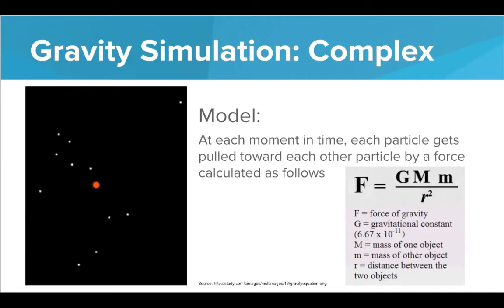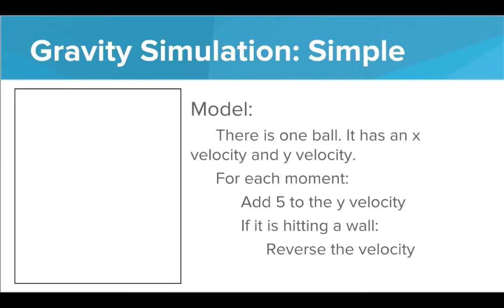But maybe you don't, because a much simpler model for gravity could be just a single ball that is going to get pulled towards the ground. So this is a very simple model of gravity. Instead of all these particles, there's just one, and it has an x velocity and a y velocity, an x speed and a y speed. For every moment in the simulation, we're going to move it based on the velocity and then just add 5 to y, just add 5 to the positive y direction.